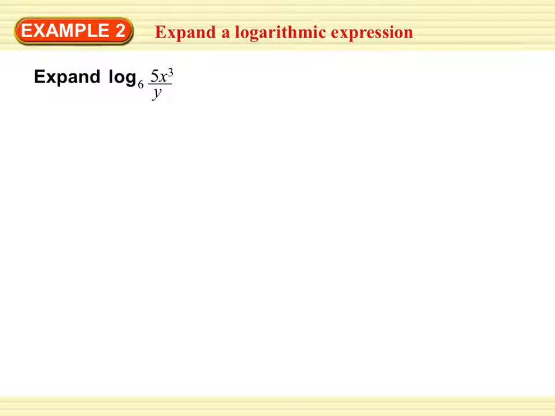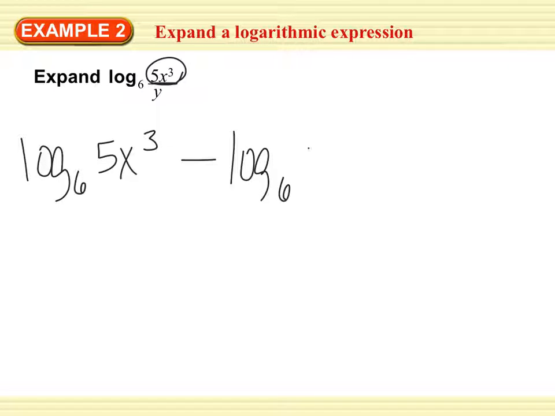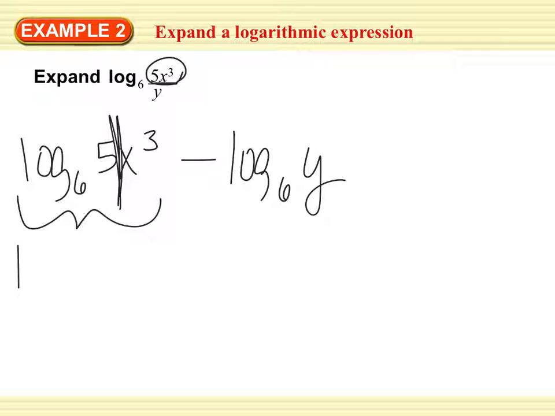So let's expand this. I've got lots going on. I have some division, and on the numerator I have multiplication. Okay, we do have to remember our order of operations. So let's deal with the division first. I have log base 6 of 5x cubed minus log base 6 of y. Now I can do the multiplication, which I'm going to split right here.